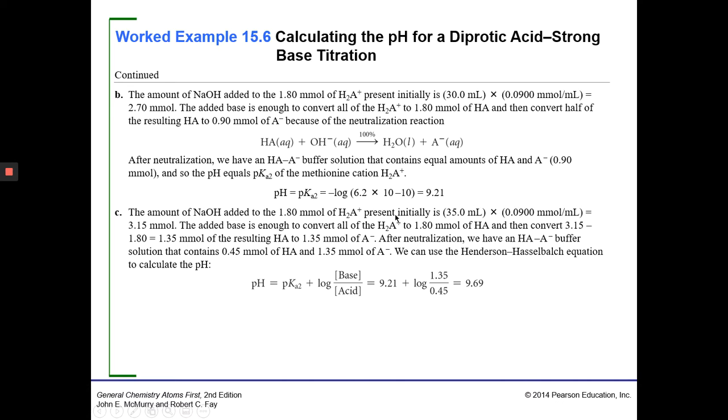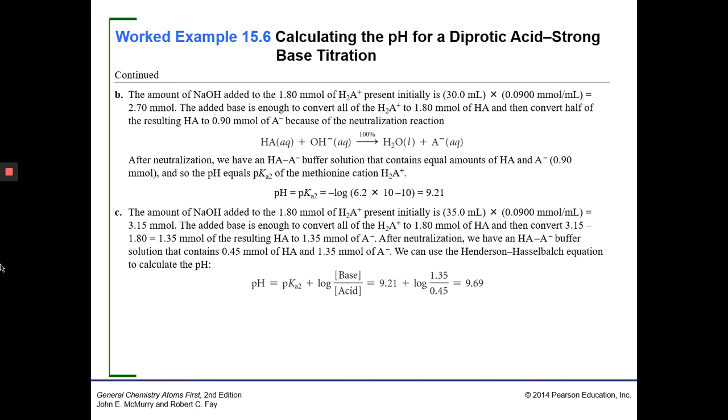All right, the added base is enough to convert all of the H2A plus to 1.8 millimoles of HA, and then convert 3.15 minus 1.80, which is equal to 1.35 millimoles of the resulting HA to 1.35 millimoles of A minus.